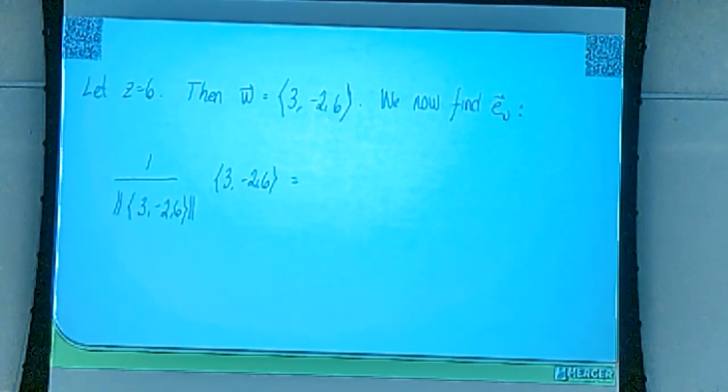9 and 4 is 13. 13 and 36. Nice. 49. Square root of 49. There's our vector.